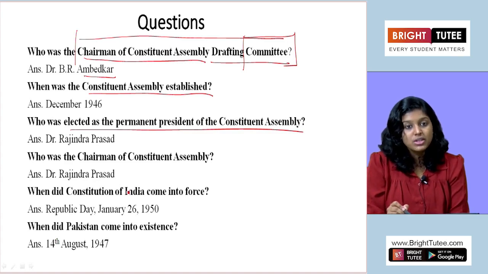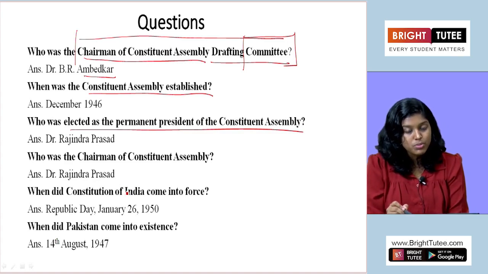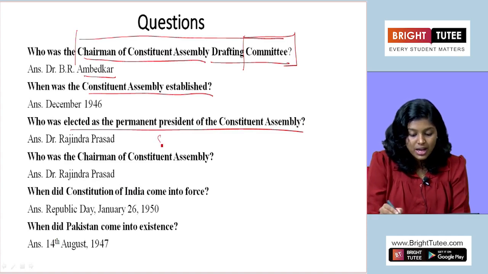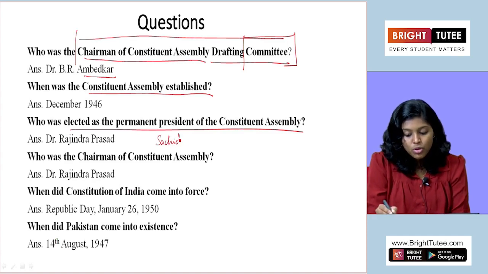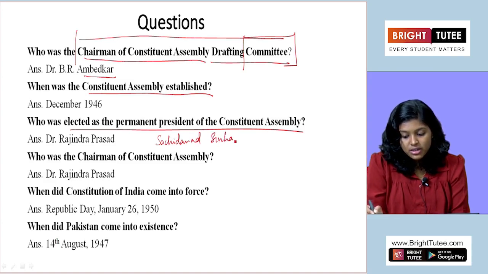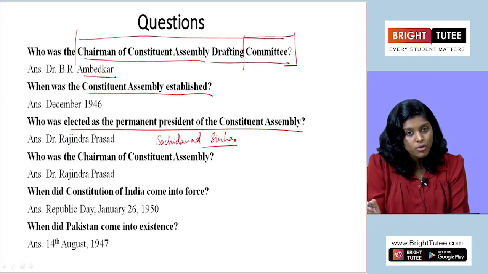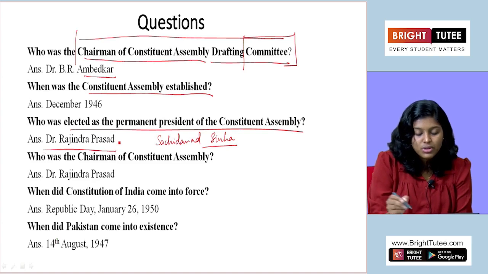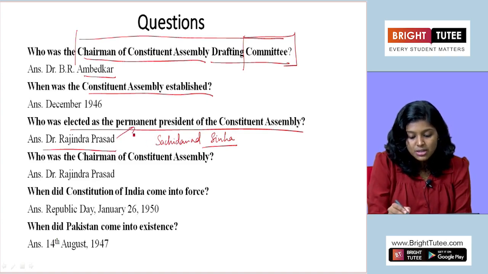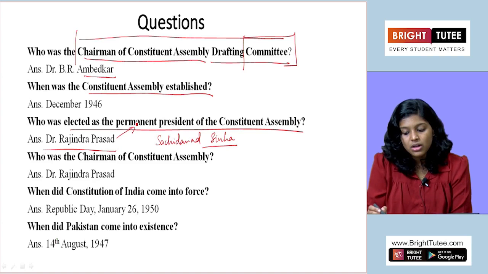We saw that initially when the Constituent Assembly met, it was Sachidanand Sinha who was appointed the temporary chairman, and later Dr. Rajendra Prasad was appointed as the permanent president of the Constituent Assembly.